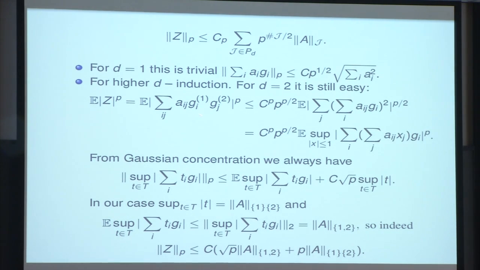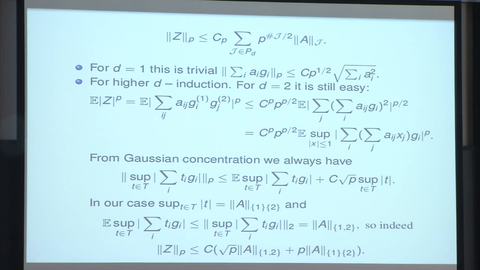Why? Because when you condition, for example, on G2, you fix G2, you use Fubini, and you just reduce the degree of the polynomial by 1 if you fix G2. So for d equal to 2, it is still easy, but I want to show it to you because then I guess it will be simpler to digest the general case.